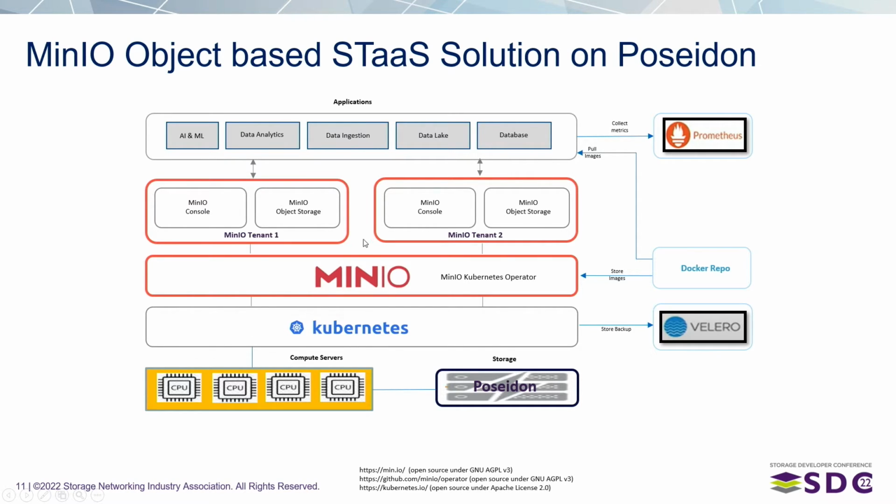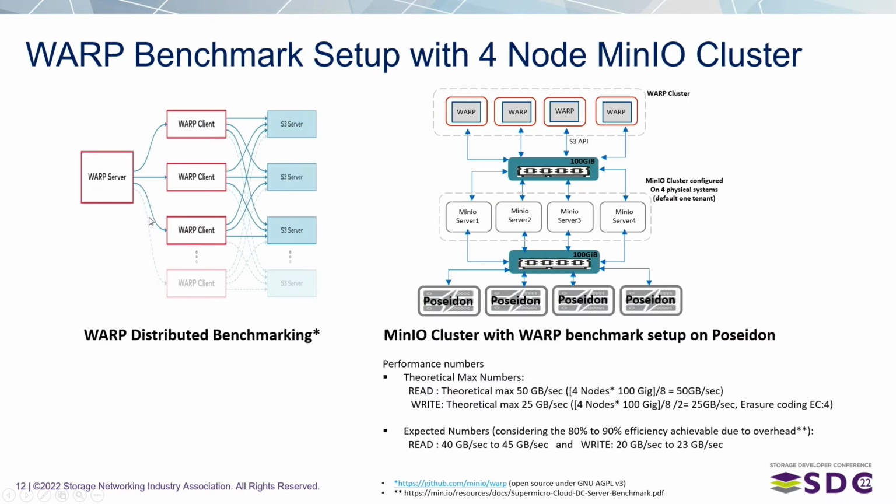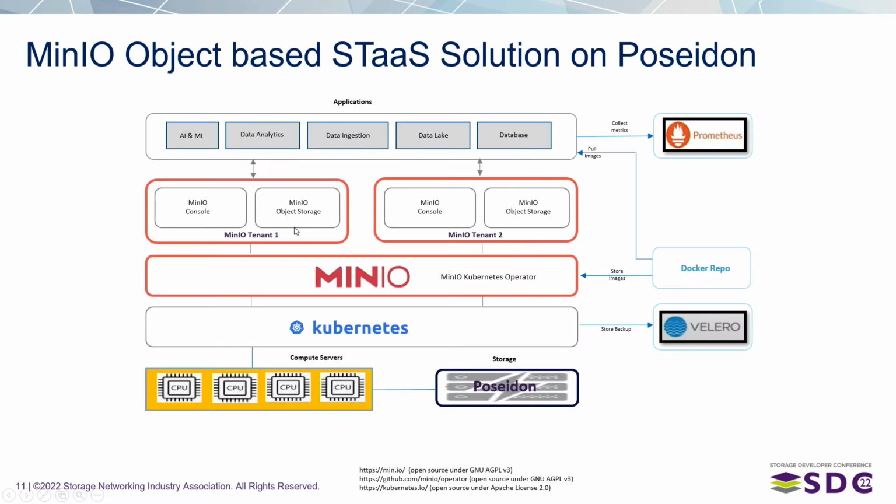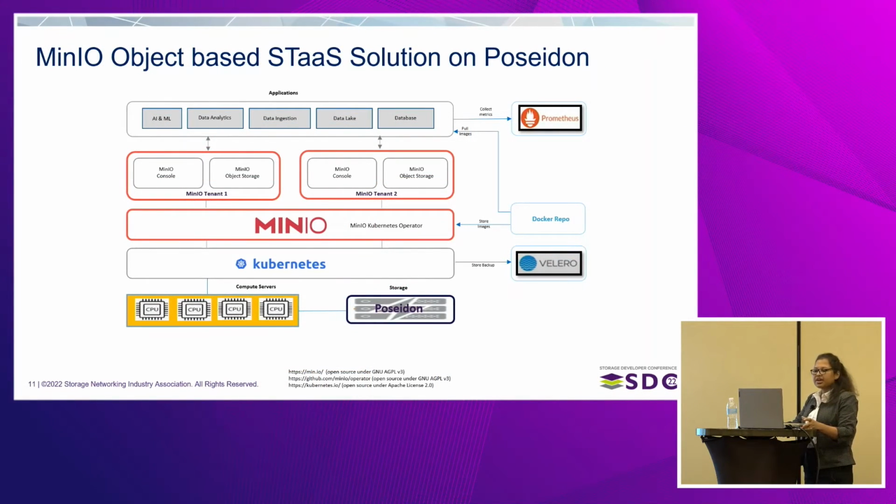So what is a tenant? What is a Minio tenant? So a Minio tenant essentially represents a Minio object storage cluster, which means when we create a Minio tenant, we are creating a pool of servers.